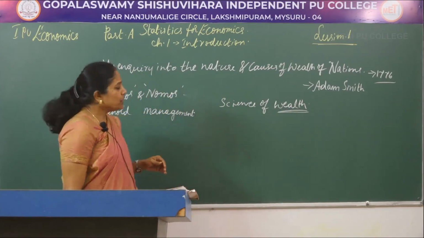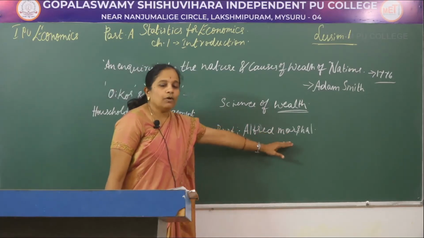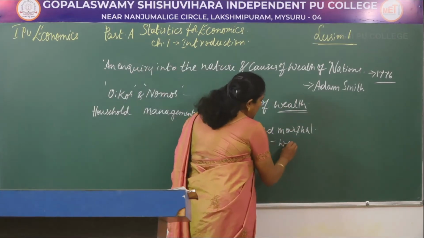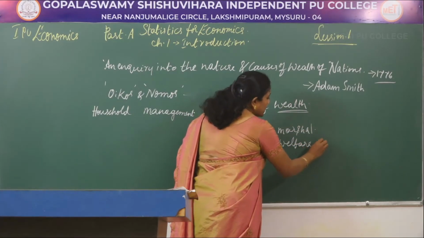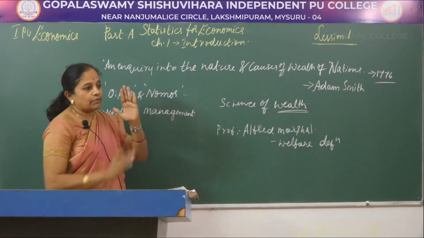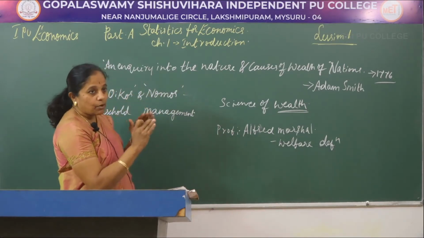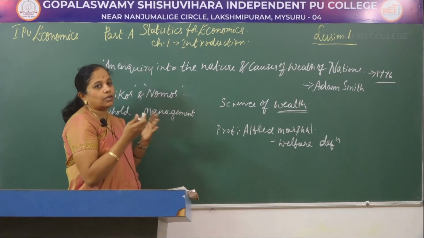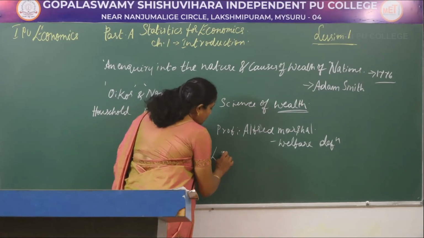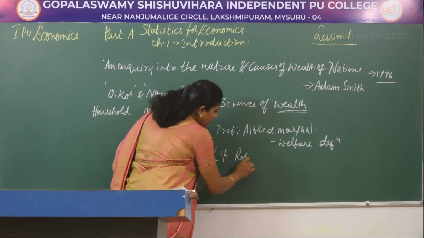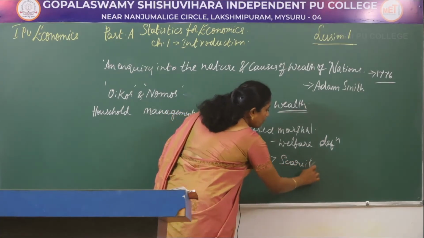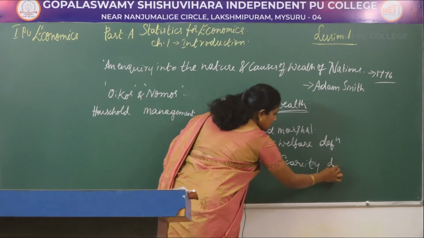After him, Professor Alfred Marshall gave one more definition, called the welfare definition. He treated only the welfare side of the society and considered social welfare only, ignoring all the scarcities. And third, Professor Lionel Robbins gave the definition of scarcity, which is popularly known as the scarcity definition.